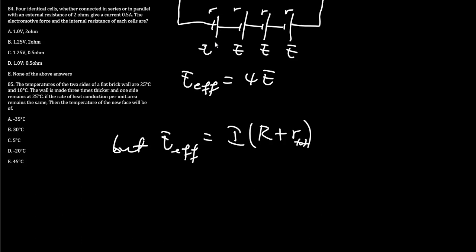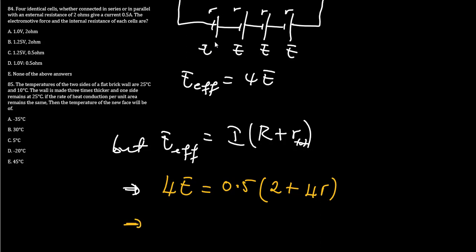And since they are in series, it means E effective, which is 4E, will be equal to the current 0.5 into, so my external load is 2 ohms plus the effective will be 4 times small r.